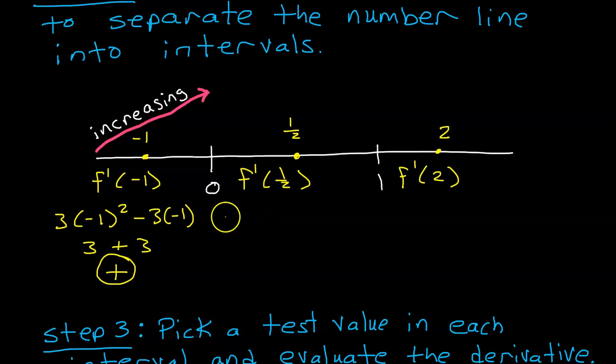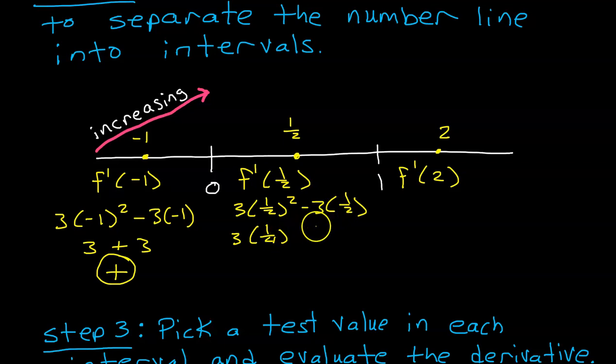So what about 1/2? So if we do the derivative at 1/2, that's going to look like this. So this is going to be 3 times 1/4 once you square that. And so I've got minus 3 times 1/2. So I've got 3/4 minus 3/2.